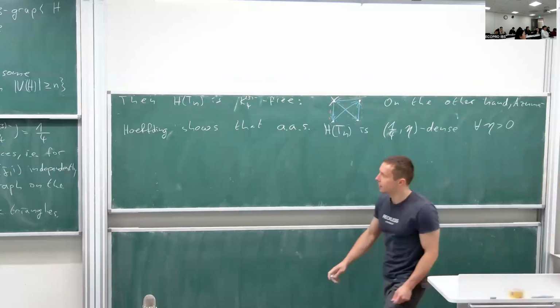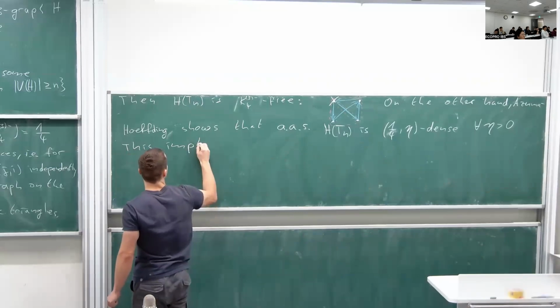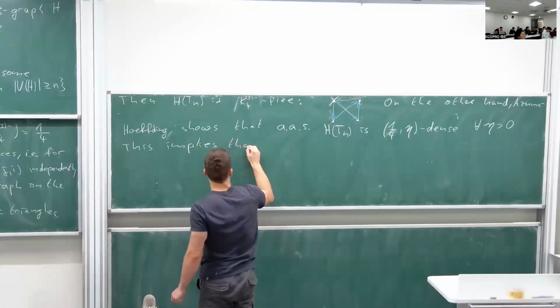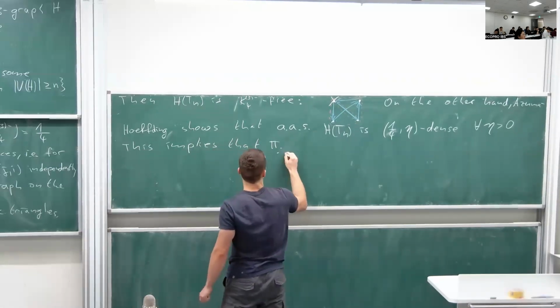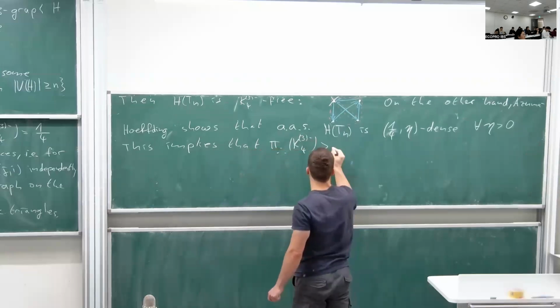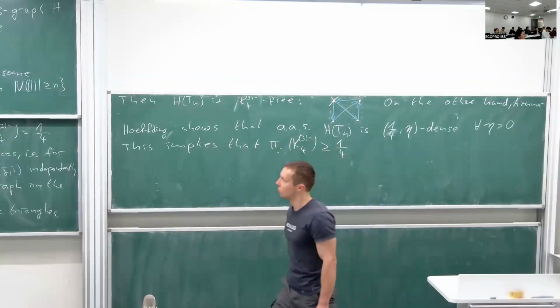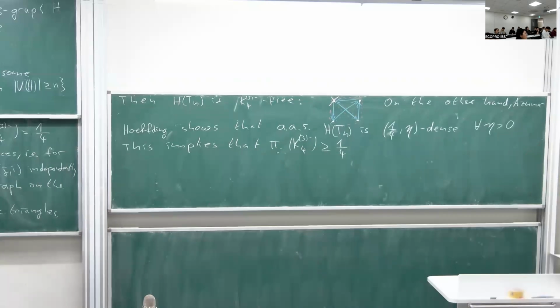Okay, and this implies that we are greater or equal to 1/4, because for all η, we can make n so large that we know that this H_T^n is (1/4 − η)-dense, but all the H_T^n are K4^{-3}-free.